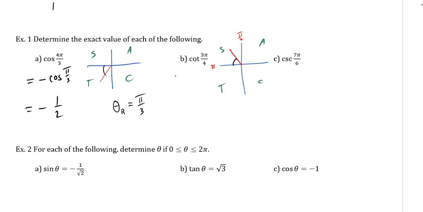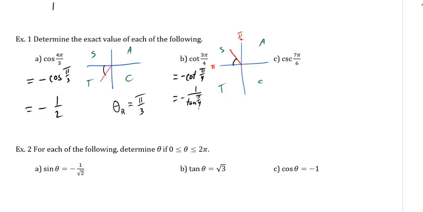Okay, so we're in the second quadrant, so cotangent is negative in the second quadrant. So it's negative cotangent of pi by 4, but my calculator doesn't have a cotangent button. So it's negative 1 over the tan of pi by 4.